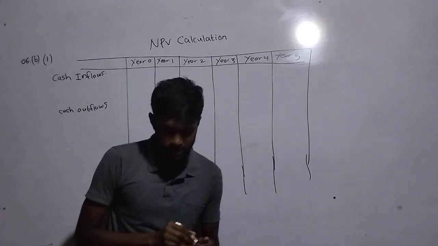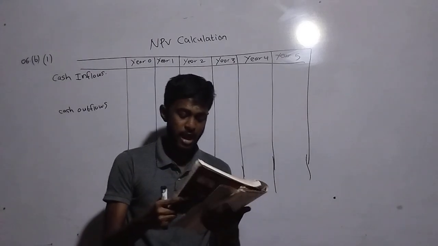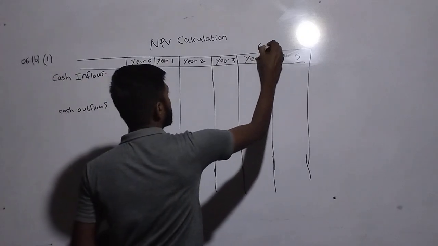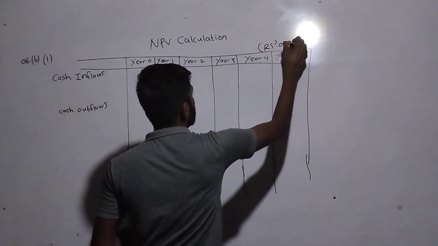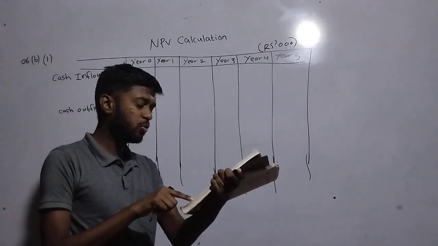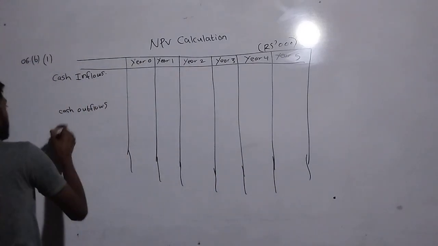Then first of all they have purchased the new machinery. So the purchase price they have given. We are going to do this in rupees in thousands. Purchase price 1,200,000. So here let's take it as 1,200 because we are doing it in rupees in thousands.